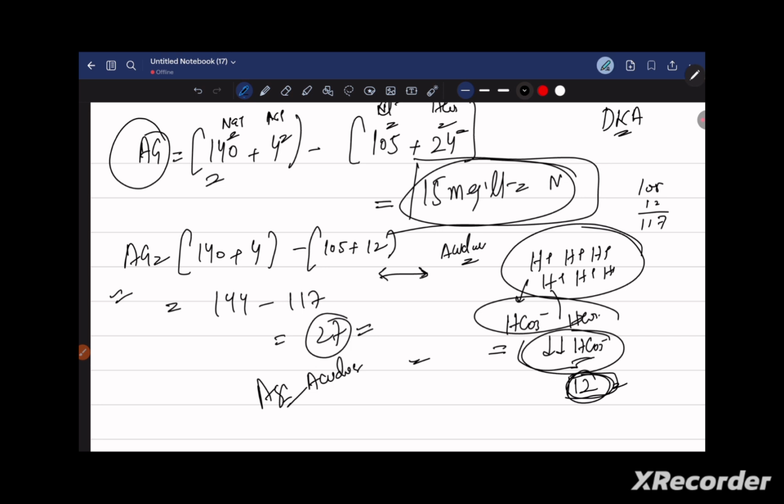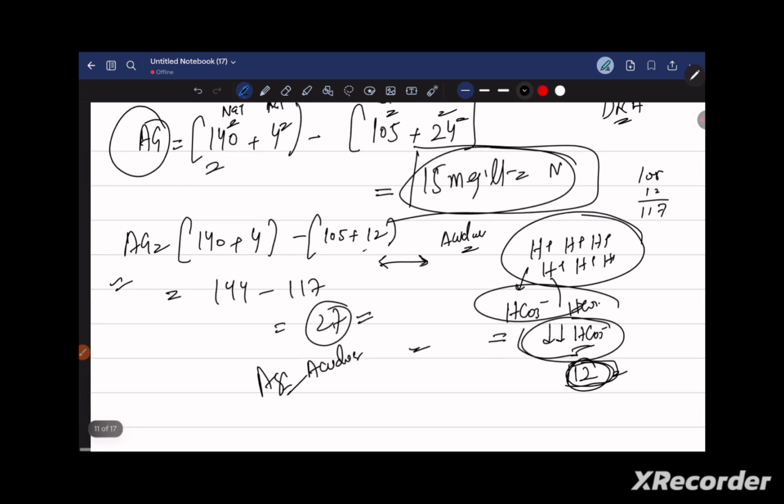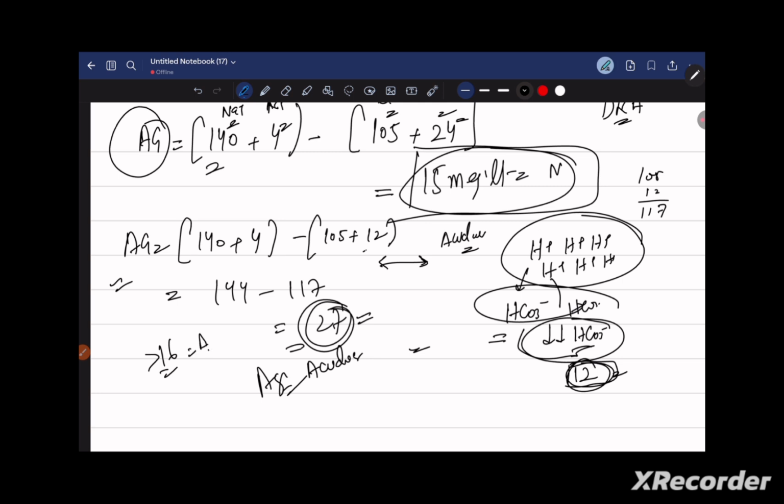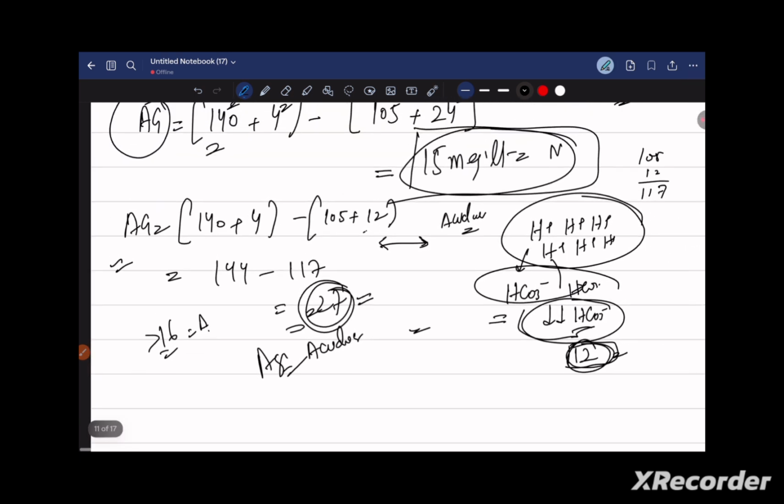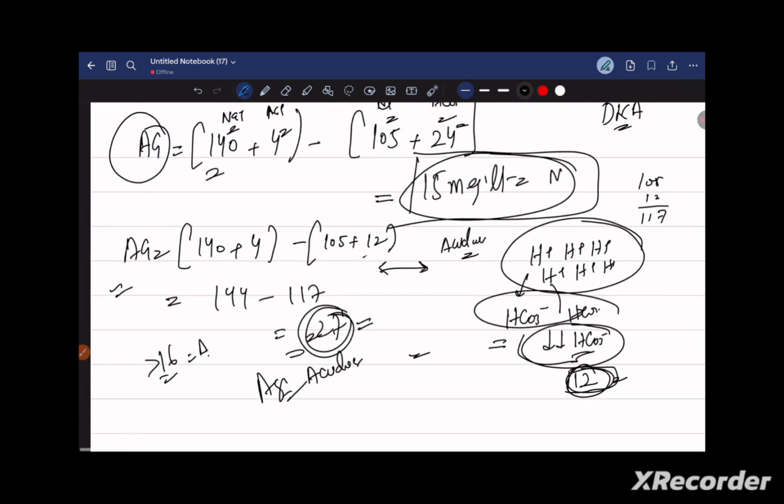When I put bicarbonate 12 into the formula, it came out as 27. When it is more than 16, it means anion gap acidosis. So I hope you understood how it leads to anion gap acidosis. The reason is that there is depletion of bicarbonate.